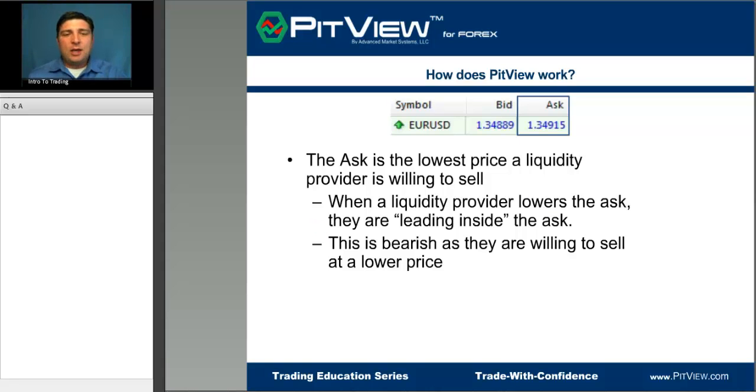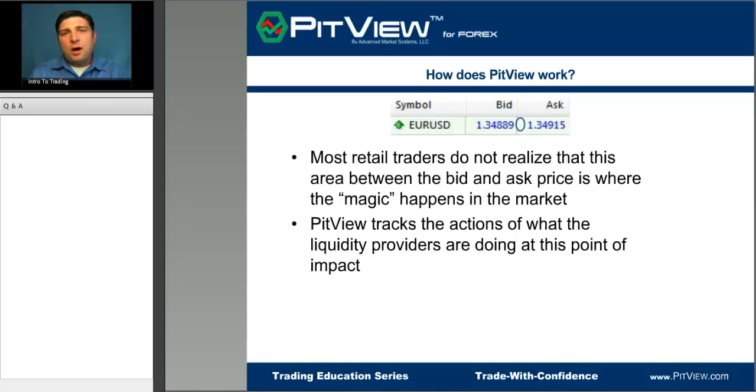Now, we can look at charts all we want, but from a retail standpoint, I say on here, most retail traders do not realize that this area between the bid and ask price is where the magic happens in the market. This is the point of impact, where the rubber meets the road. That little space between the bid and ask price, when you're looking at all the various liquidity providers around the world, that is where all the activity happens.